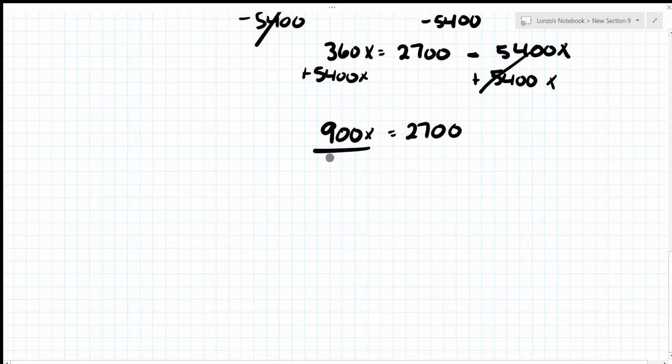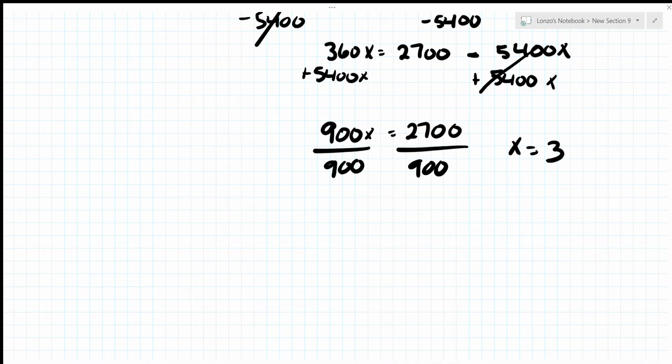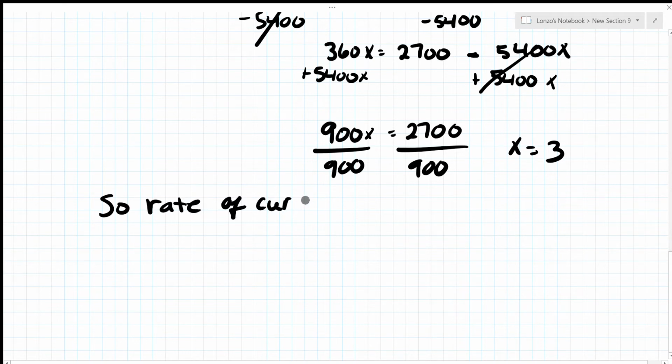My goal is to solve for x, so I'm going to divide everything by 900. So x equals 3. But are we done yet? No. The question asks, what is the rate of the current? And the rate of the current is 3 miles per hour.